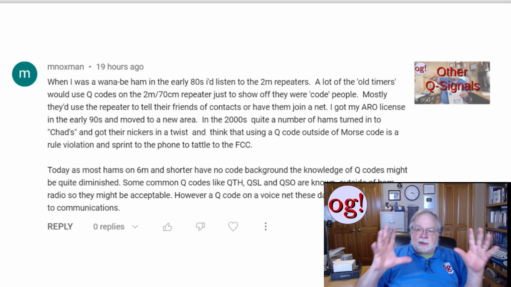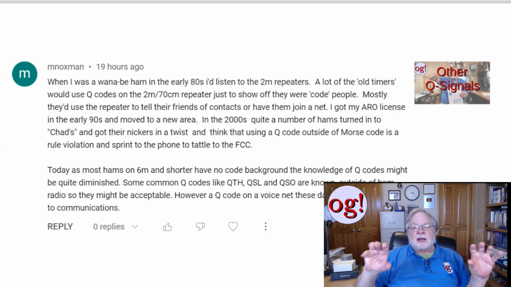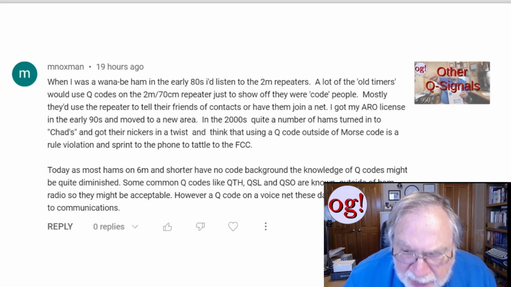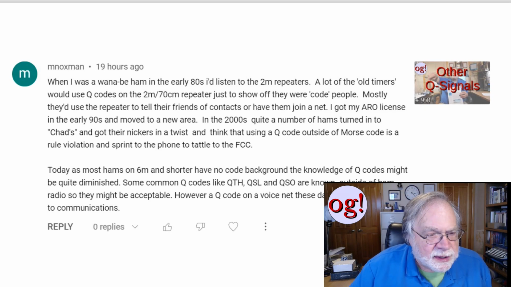You know, use the thing. I ran into a problem when I was trying to get some help for somebody, and I had very poor connection, and I was saying my QTHs. And the ham says, you've got to use the whole thing. My location is. Okay, because people outside of ham radio don't understand these.